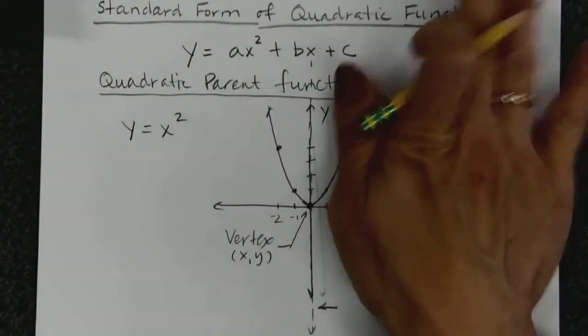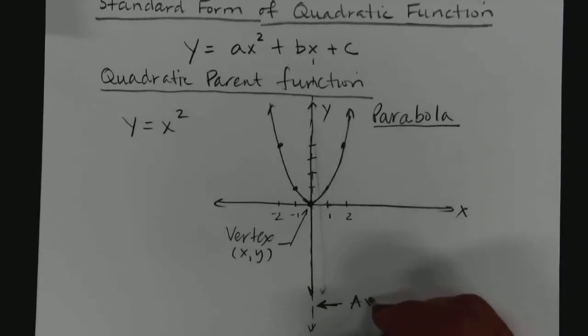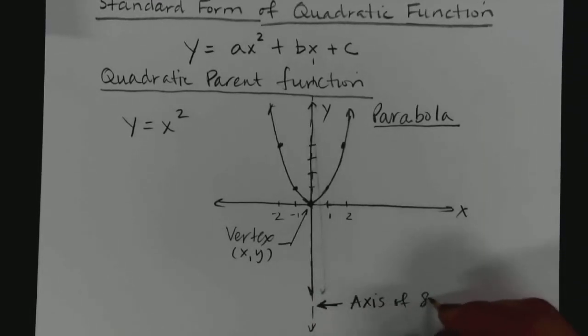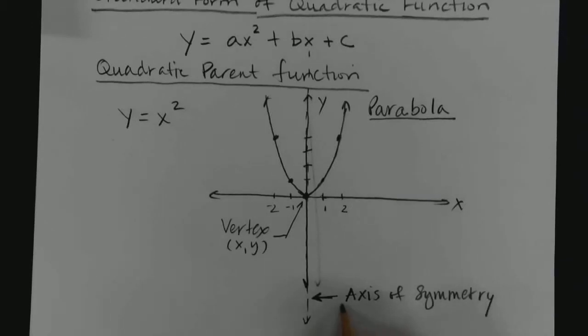We call that imaginary line the axis of symmetry, because it makes this parabola symmetric. And this axis of symmetry is a line.